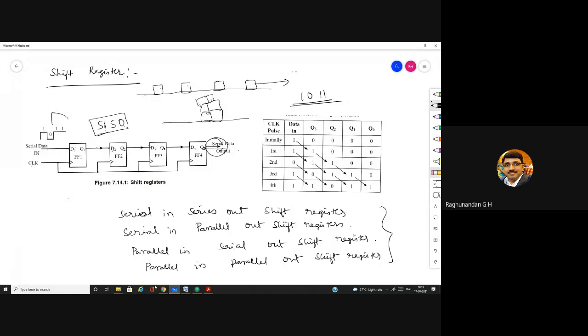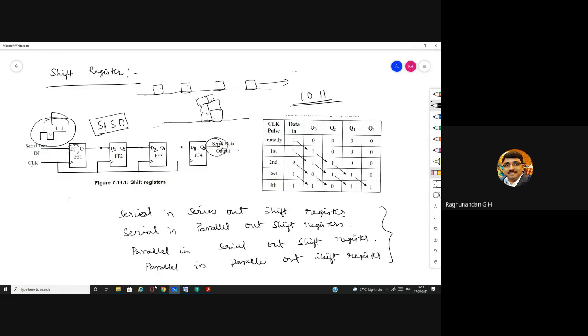When initially the first clock pulse is given, all of them will be having the clock pulse, but the data will first be pushed to D3. D means D flip flop. D3 indicates the D3 flip flop.